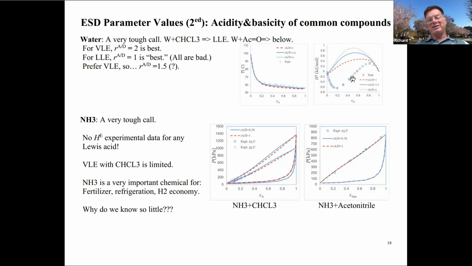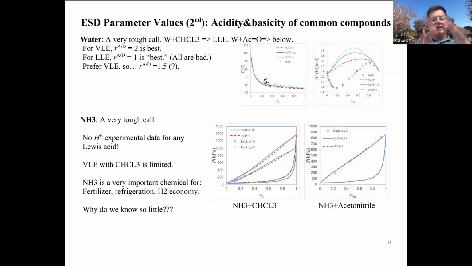Because when we look at the excess enthalpy, a value of 1 to 1 gets the closest to the excess enthalpy, but none of them is good. We can all admit that. So the excess enthalpy is telling us that it ought to be 1 to 1, maybe even 0.5 to 1, and the VLE is telling us it ought to be 2 to 1. So what do we do?